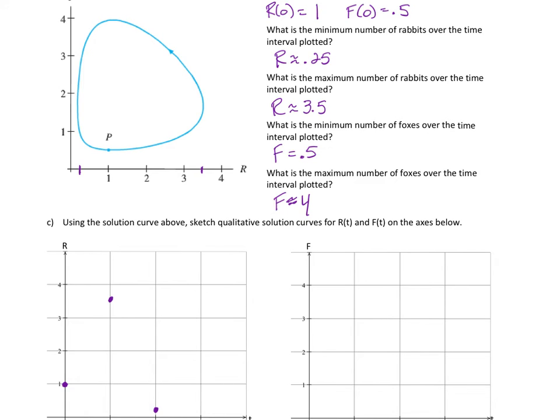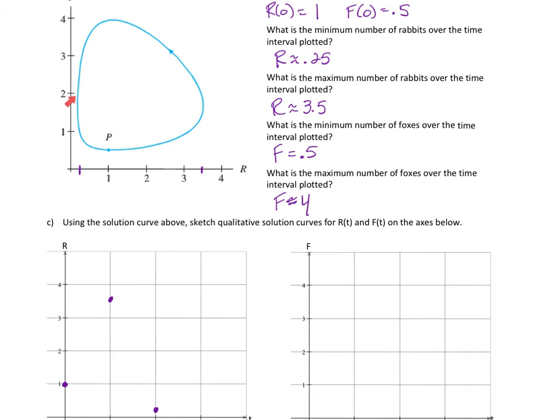I'm drawing these equally spaced just because it's convenient, but it could be that this one was over here or over here. I can still get a good sense: it started, hit a maximum, then hit a minimum.